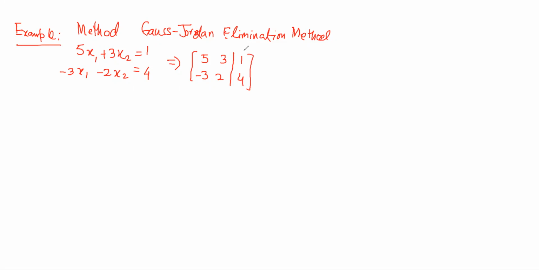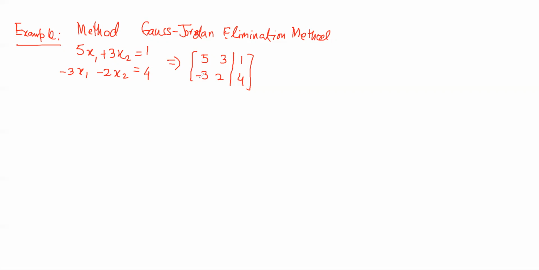In the Gauss-Jordan elimination method, we first transform the augmented matrix into the echelon form and then into the reduced echelon form. First we will transform it into the echelon form. For 5 and -3, the common multiple is 15.